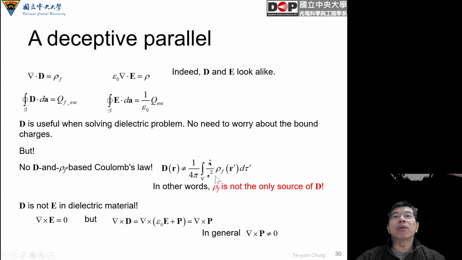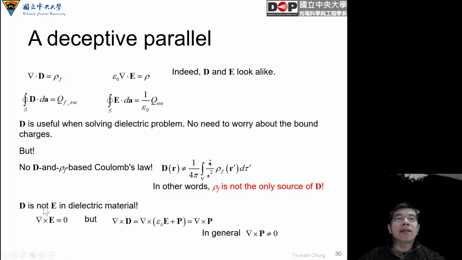This is a simple Coulomb's law, but this is not true. So, in other words, the free charge is not the only source of D. So this is very important to know. We do not have this relation.